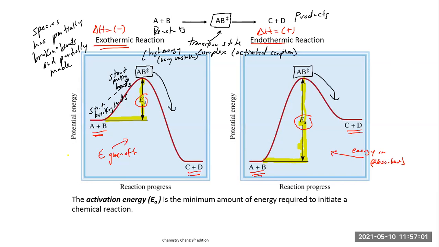And then it will go off to the other side relatively quickly. That's why it's usually, in a lot of cases, very hard to isolate that transition state complex, because it's very high in energy, with those partially made and broken bonds. It makes it very hard in a lot of reactions to isolate those things because they really don't hang around for a very long time.